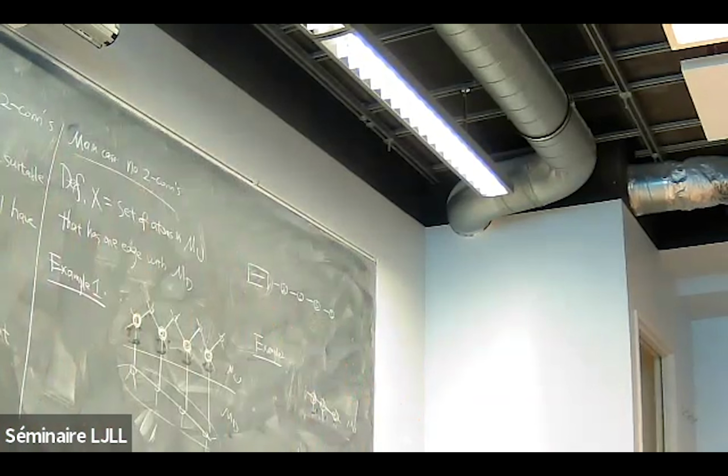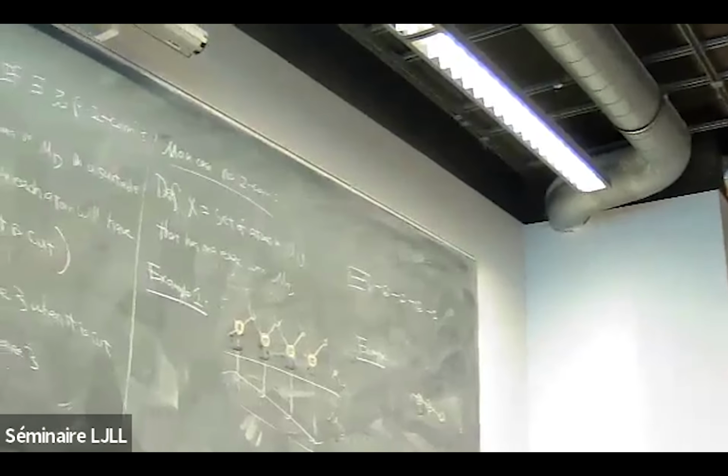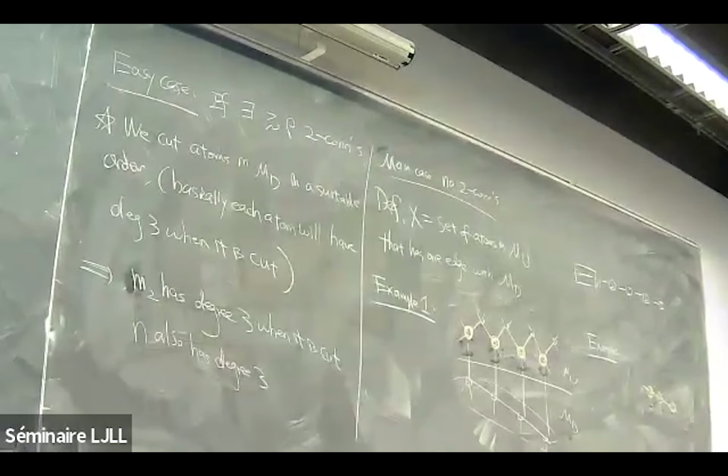So then from these 2 examples, we get to this dichotomy. Number of connected components of X is bigger than rho or less than rho.